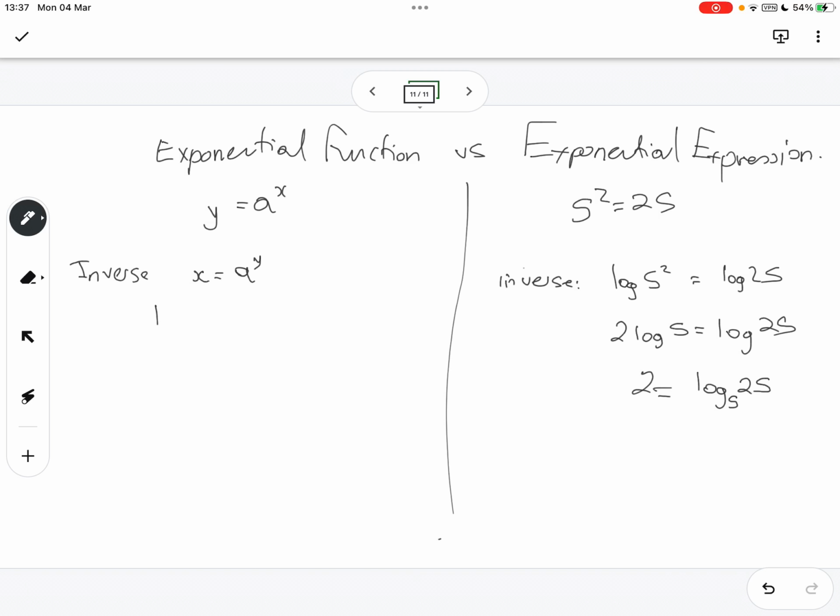And then here, for a function, the inverse starts off as x equals a to power y. Then you take logs. Therefore, log x equals y log a, and y is log x base a.